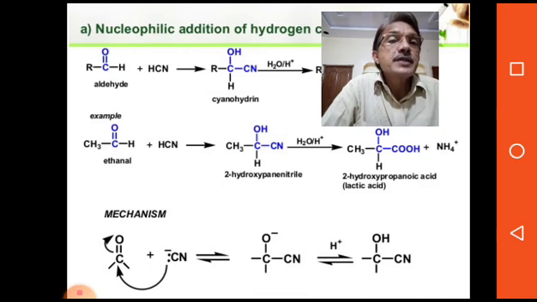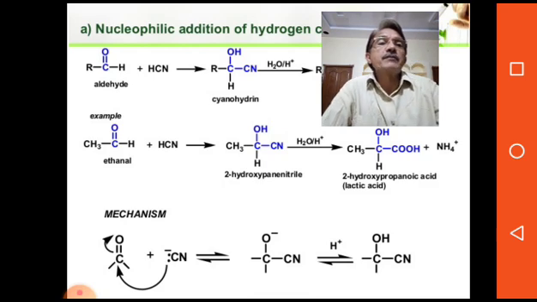This 2-hydroxy propane nitrile undergoes hydrolysis in the presence of acid, giving rise to lactic acid. Its IUPAC name is 2-hydroxypropanoic acid. If you see the mechanism, CN minus is attacking the carbon of the carbonyl group forming an intermediate. This intermediate gains a proton forming cyanohydrin.